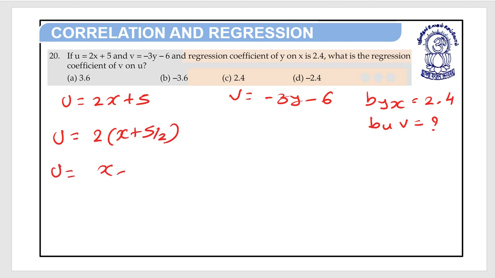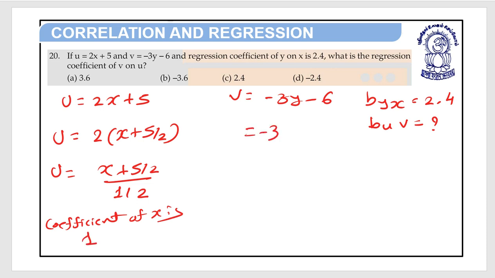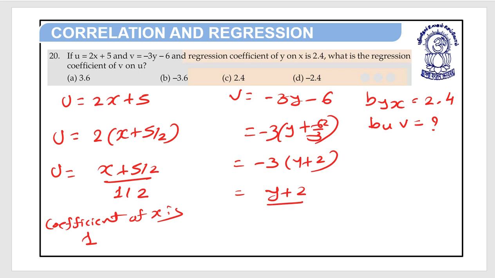So U is equal to x plus 5 by 2, with 1 by 2. Here the coefficient of x is 1. For V is equal to minus 3y minus 6, divide by minus 3: y plus 6 by 3. So y plus 2, 3 2s are 6. So y plus 2, with minus 1 by 3. Here the coefficient of y is 1. Okay.